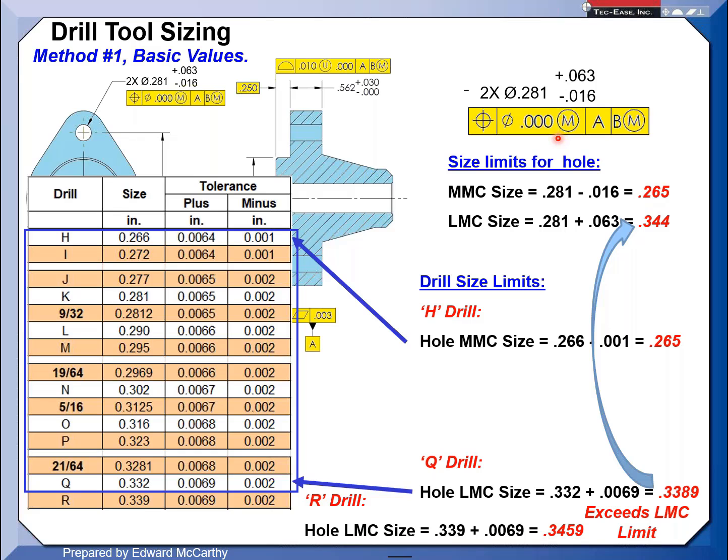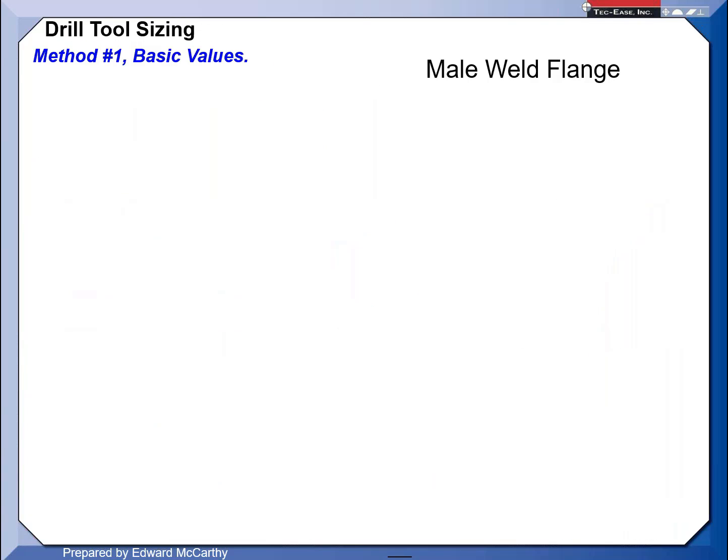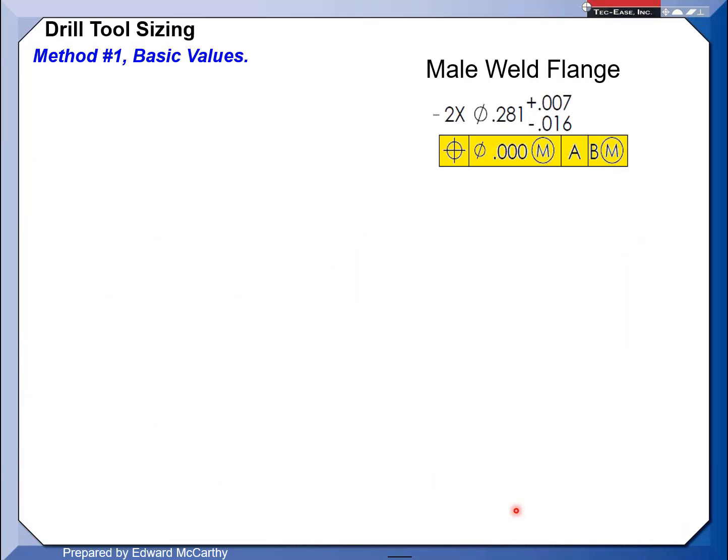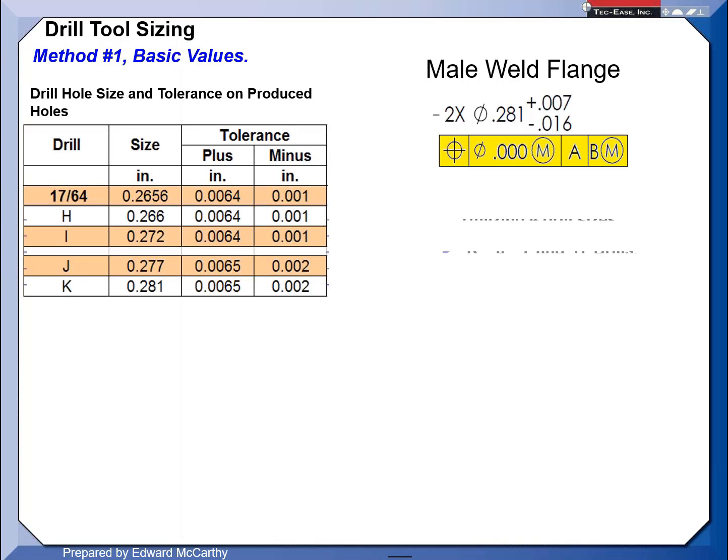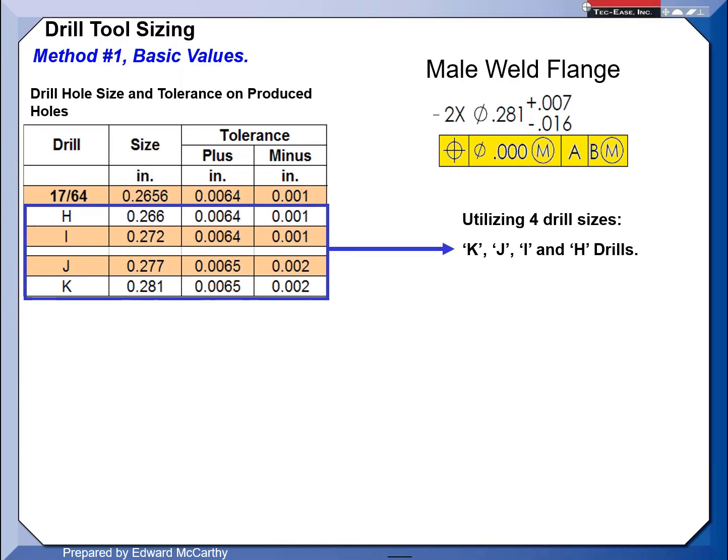Now, if I make the comparison based on this, the original callout we had was minus 16 thousandths, plus 7 thousandths. That 7 thousandths was based on a 281 tool, and that's what you could typically expect based on that drill size for producibility. In other words, over here is what we did. When we dropped it down to 0, if you remember, originally it wasn't here.